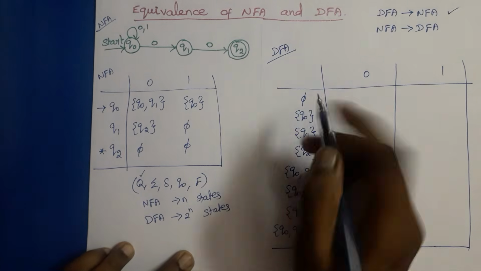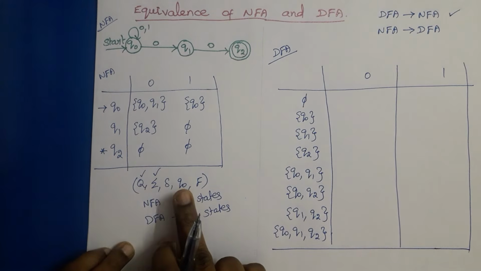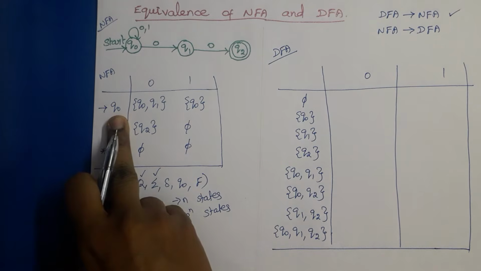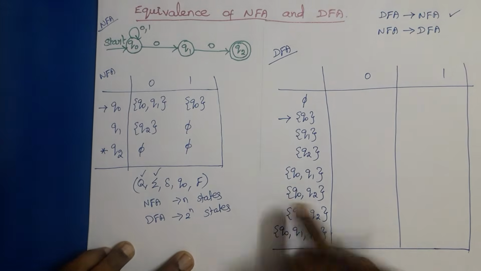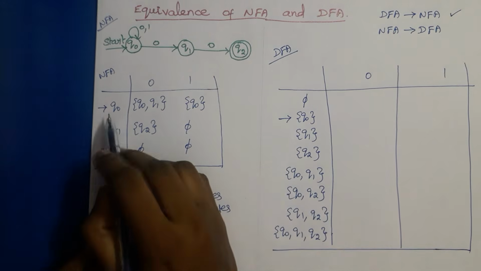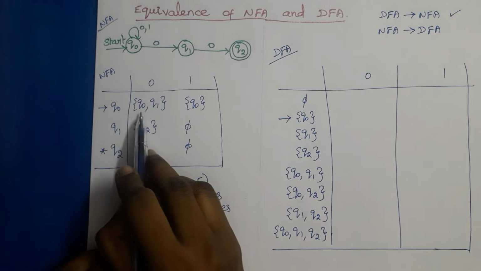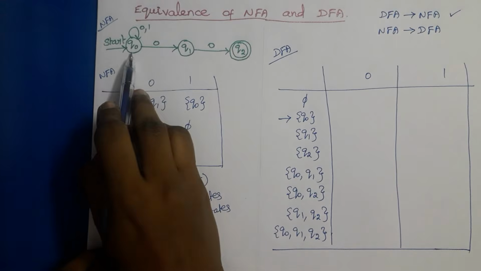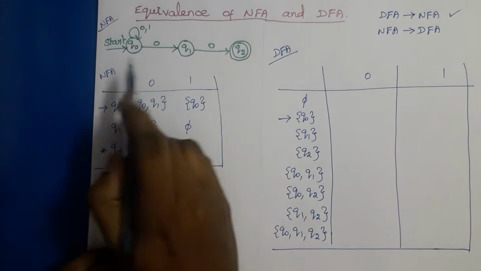Then Q naught. If Q naught is the start state of the NFA, then {Q naught} is the start state of the DFA. And here we need to consider {Q naught, Q1} as a single state. In the NFA, from state Q naught, 0 goes to both Q naught and Q1, but this is not possible in a DFA.